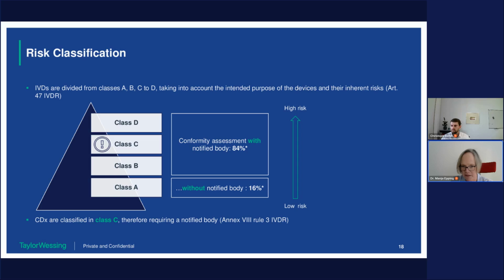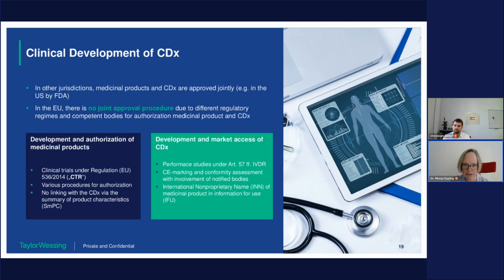The higher class products need a conformity assessment by a notified body, and under the IVDR, which is much stricter than the former regulatory regime, the assumption is that about 85 or 84% of IVDs need this notified body involvement, and only the rest of them, the minority, can be brought to the market without a notified body. Companion diagnostics, by definition, are included in class C, so a rather high risk class, and we will see that they are even more specific in this regulatory procedure in a minute.